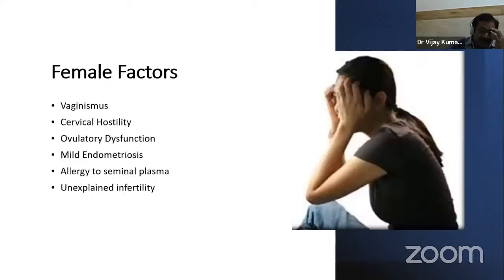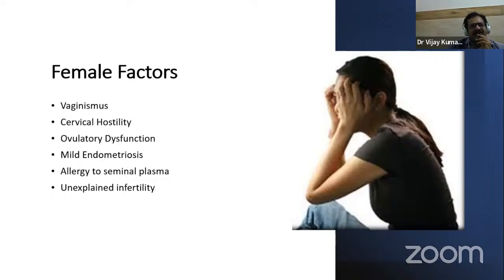Coming to the female factors, it could be vaginismus, or cervical hostility. What I said just before, the cervical mucus may have a high concentration of anti-sperm antibodies that could lead to reduced fertility rate. Even ovulation dysfunction. The best example for this is PCOS.